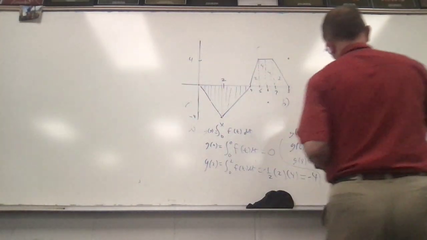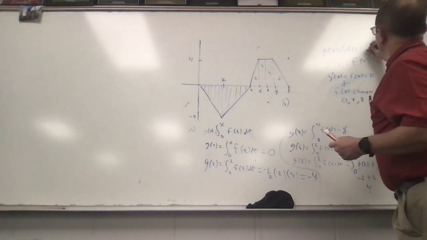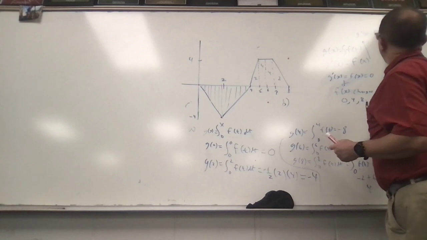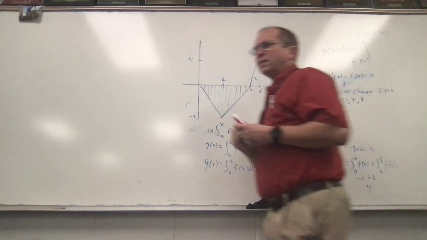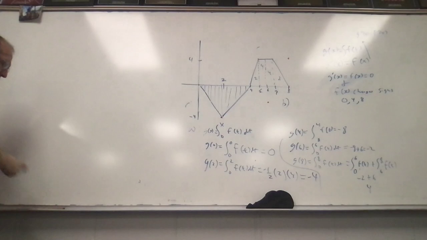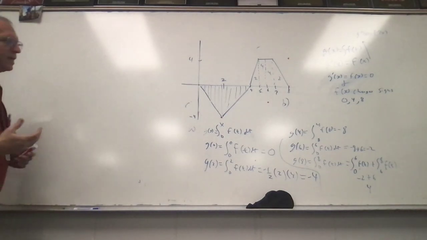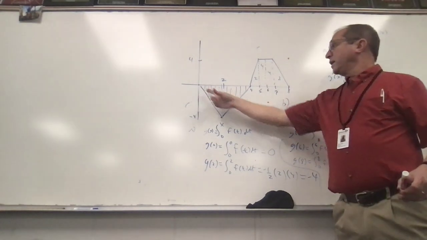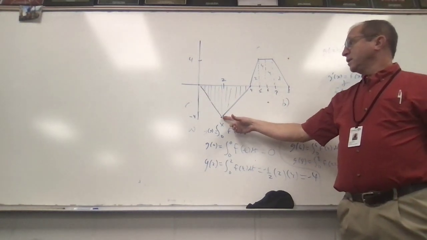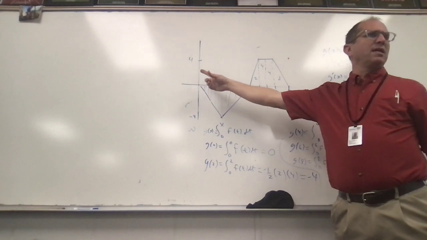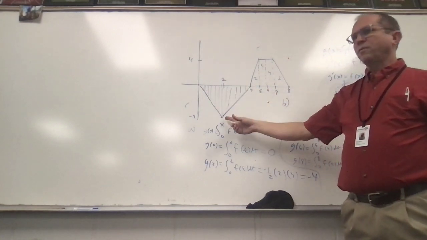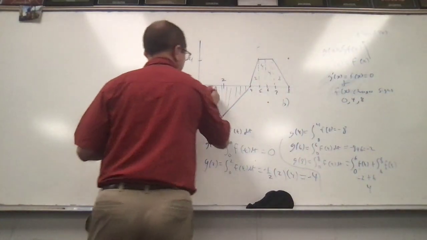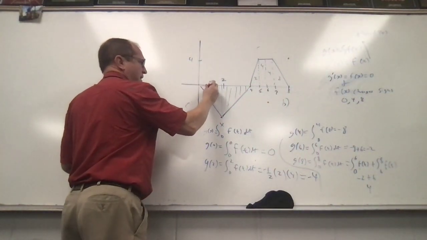So g double prime of x is equal to f prime of x. So, to look at the concavity of this graph, I need to see where f is decreasing. Here, f is decreasing, so I will be concave down from here to here. Does that make sense? Okay. So I'm going to sketch something that goes from here to here and is concave down.